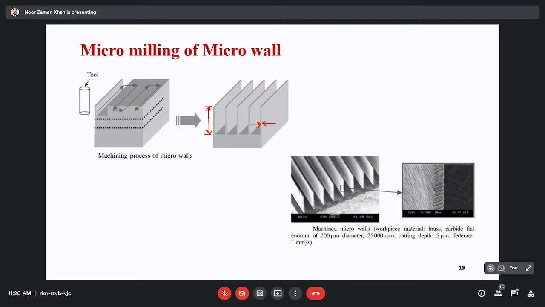So this wall is produced with a depth of cut of 5 micrometer with 25,000 RPM. They have used a carbide flat end mill of 200 micrometer to produce this micro wall.